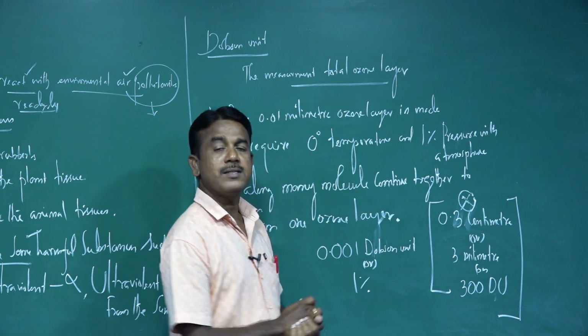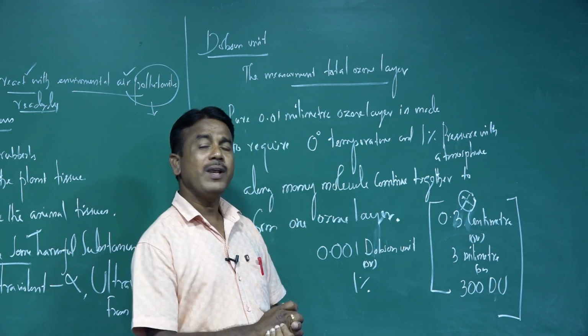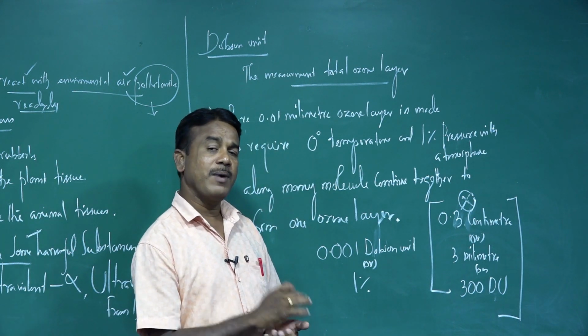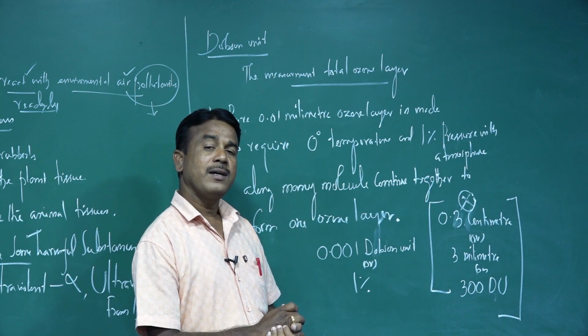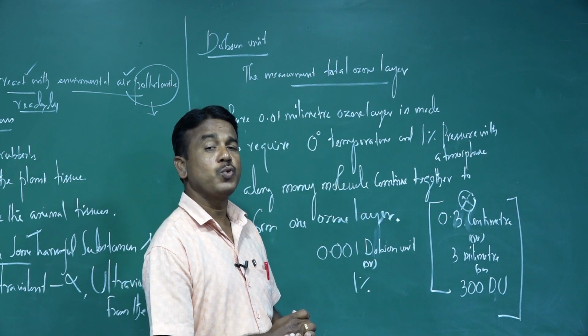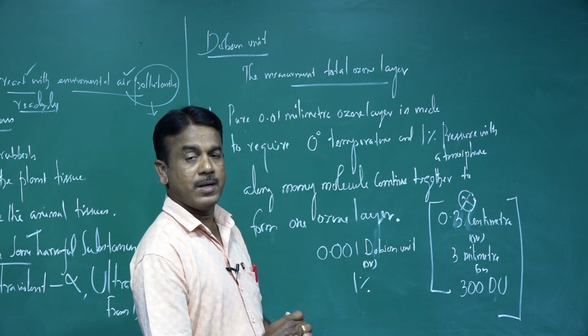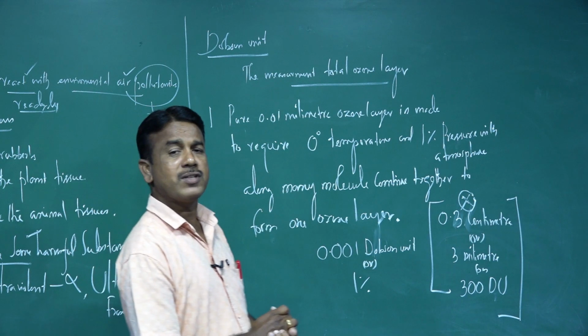As I already indicated, ozone is a colorless gas. Sometimes it can be seen as a false color zone. What is the meaning of a false color zone?